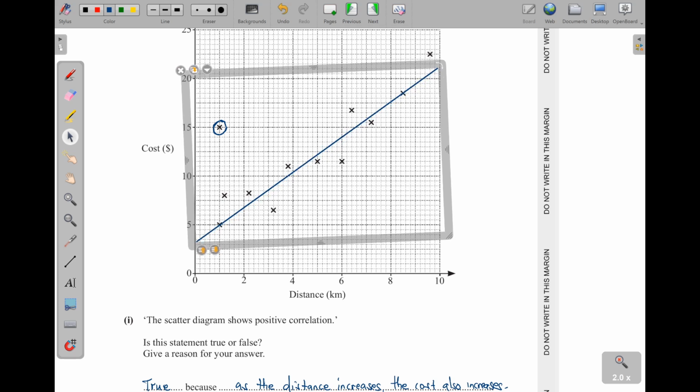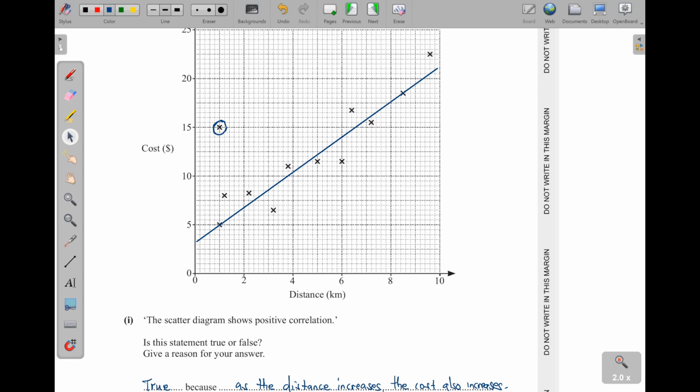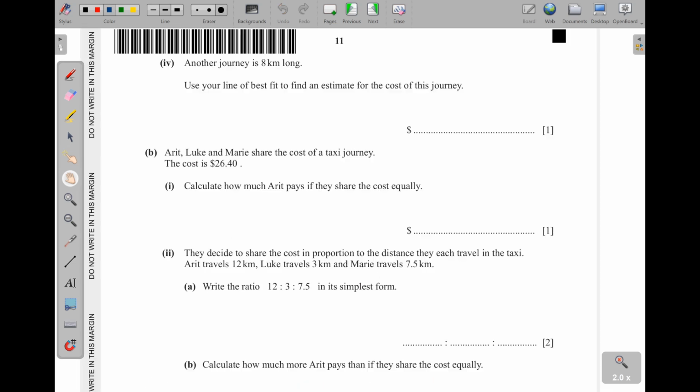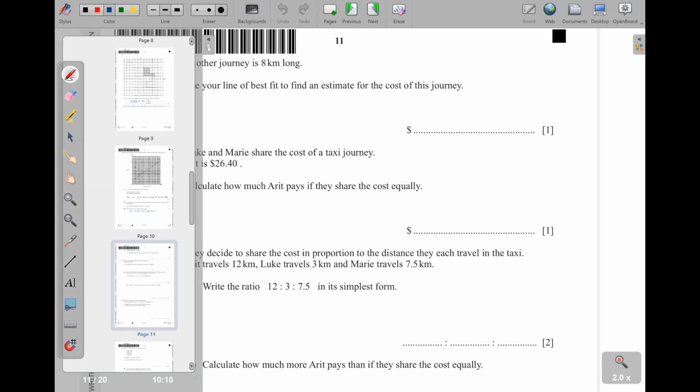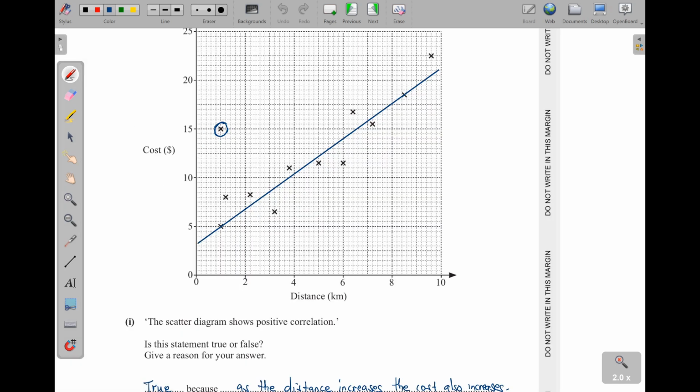Even that one is okay. So like that. It's all about balancing the points above and below the line. Roman 4, another journey is 8 kilometers long. Use your line of best fit to find an estimate for the cost of this journey. So we have 8 kilometers. Come to the line of best fit that you have drawn here.